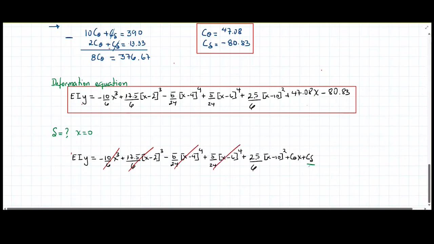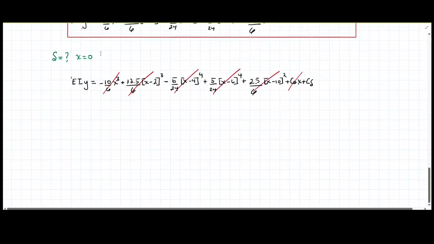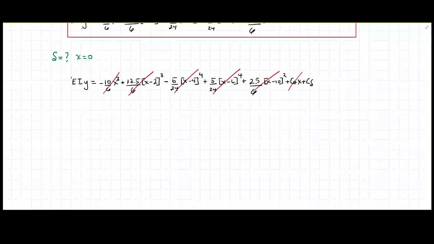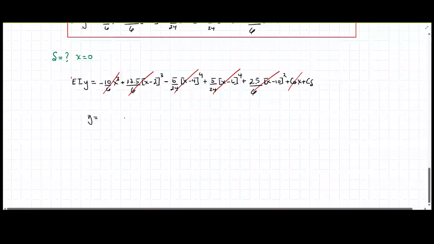This is not acting, this is not acting, this is not, and this is not. The deformation is going to end up being correlated to the integration constant of the last equation. And if I keep working on this, I will have that y is going to be equal to this term, which was the only one left, divided by EI.